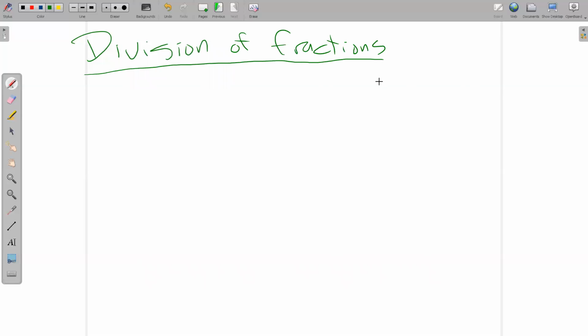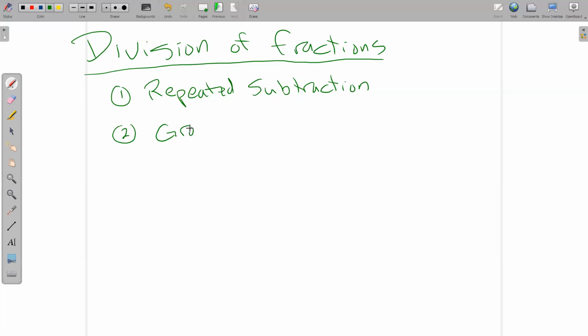And division, we have a couple of different definitions for in terms of physically what they mean. One of them back from whole numbers was repeated subtraction. And another one was groups in, is what I called it.